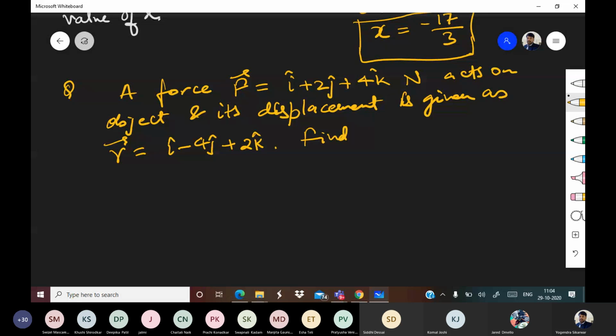Find the work done by the force. Find the work done by the force.